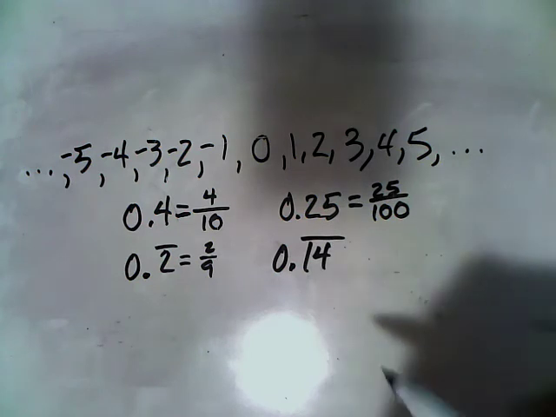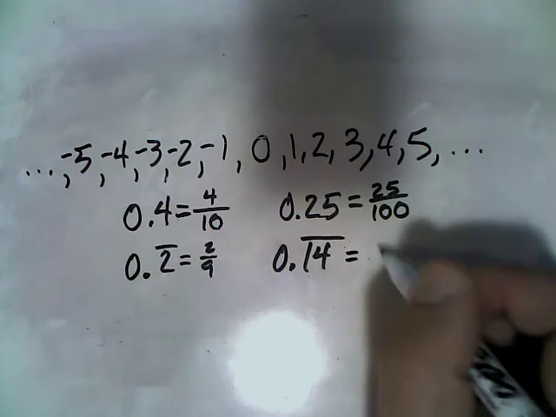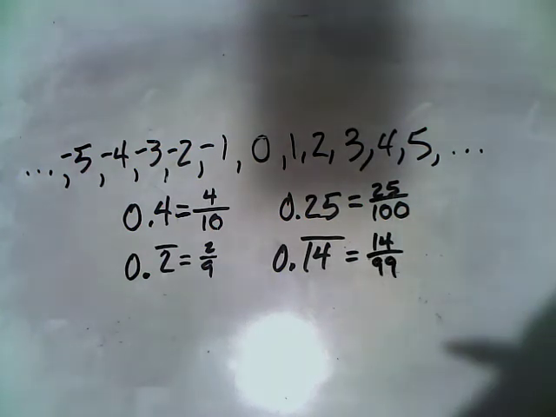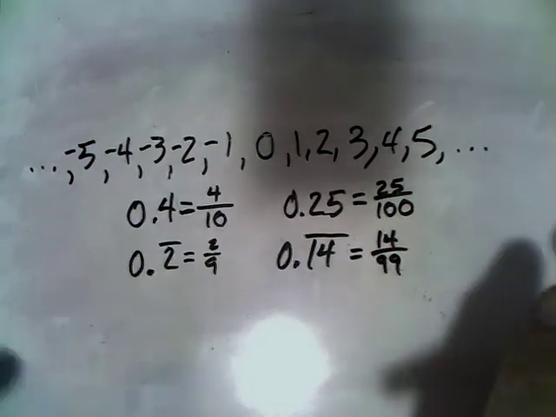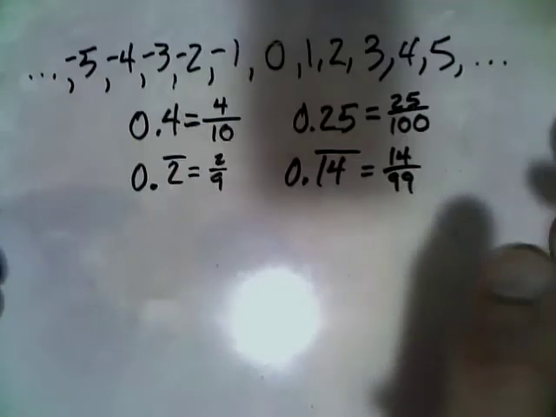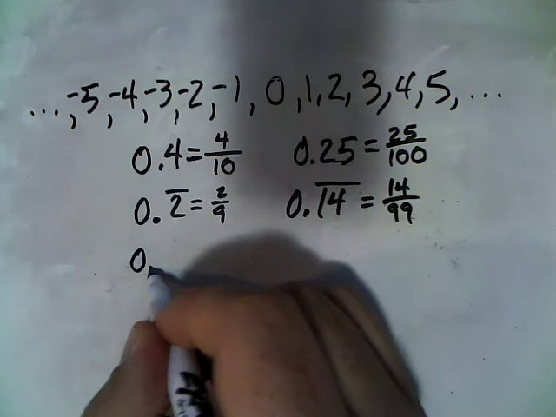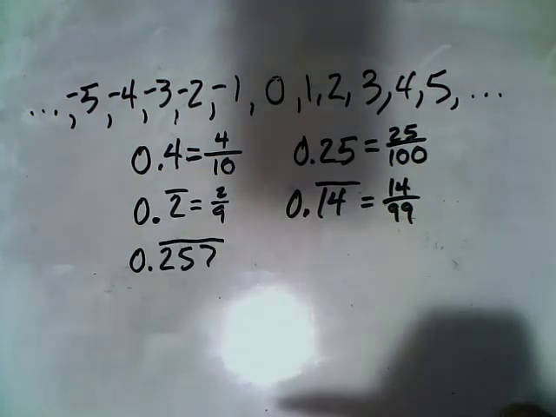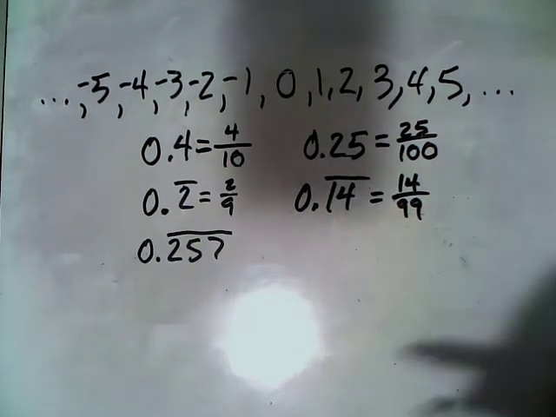Like 0.14 repeating. It turns out that this is actually 14 over 99, and perhaps you can begin to see a pattern here. If I were to ask you, could you make me a fraction for 0.257 repeating? Maybe some of you are starting to catch on.